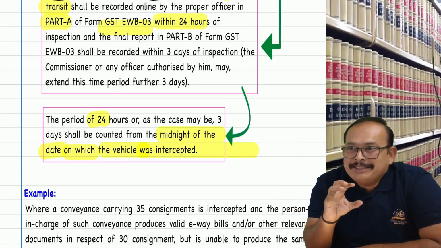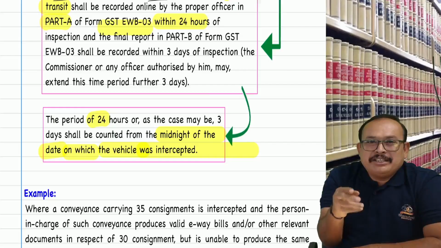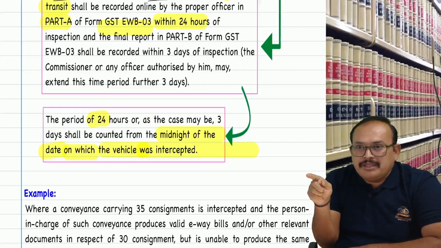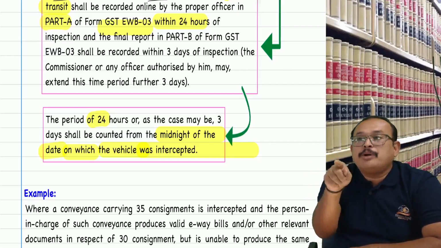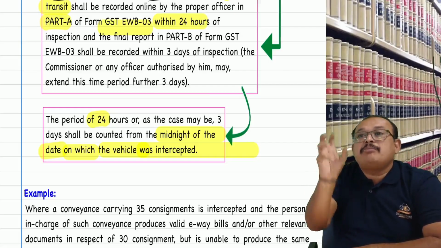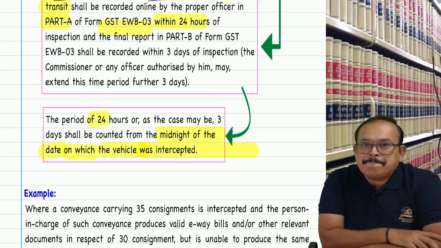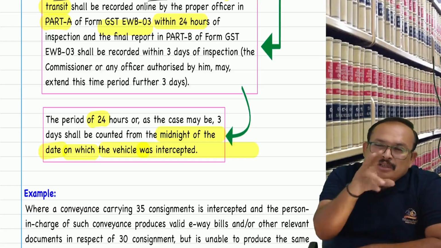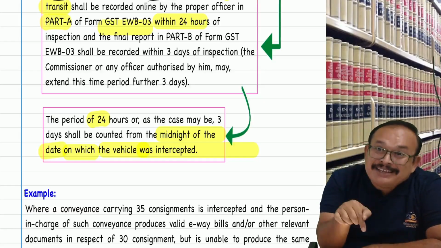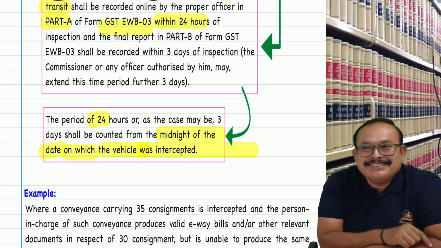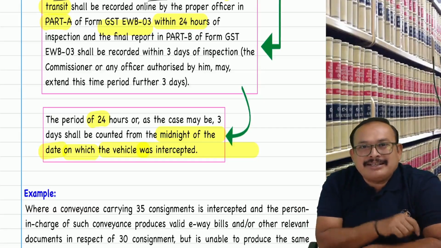See, this is what indirect tax is. Within 24 hours of inspection, the EWB 03 summary information Part A should be uploaded. That 24-hour count starts from that day's midnight onwards. You get my point?